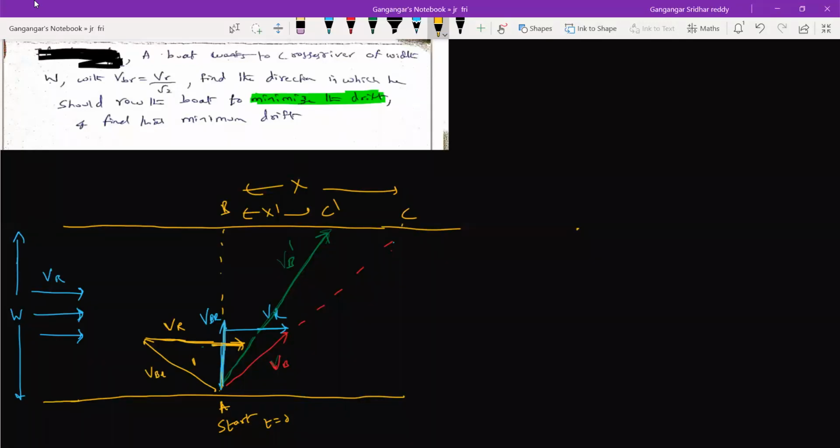This is the core idea to minimize drift. The boatman should row the boat up the stream. Okay, got this?